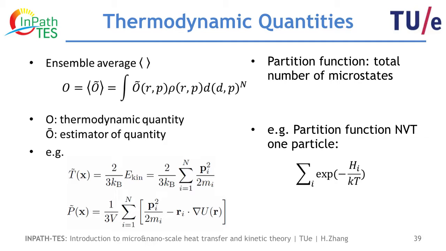The partition function describes the total number of microstates of the system. To calculate the phase space density, the partition function is indispensable. Here, the partition function in NVT ensemble of only one particle equals the sum of the exponential of negative Hamiltonian over kT.